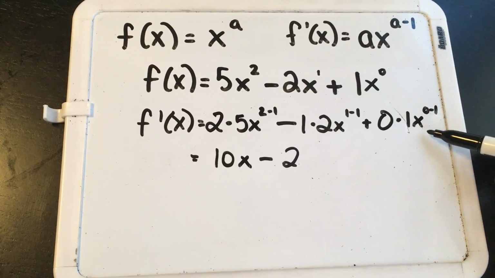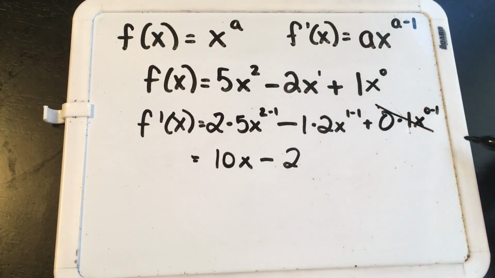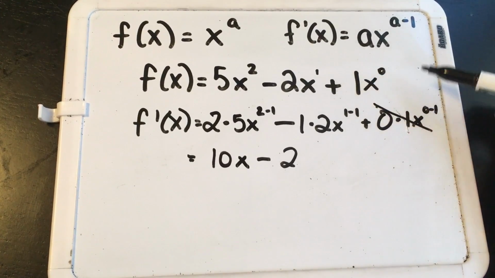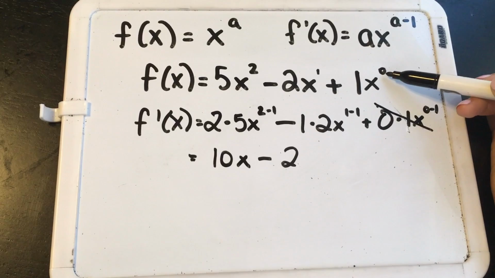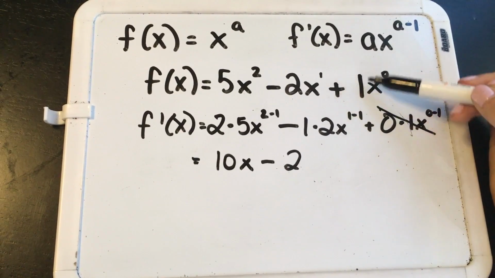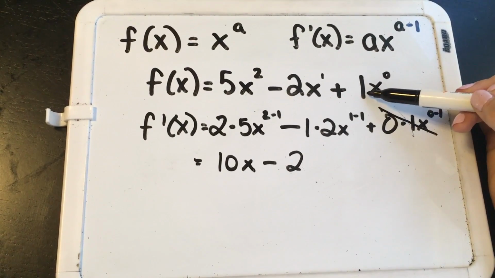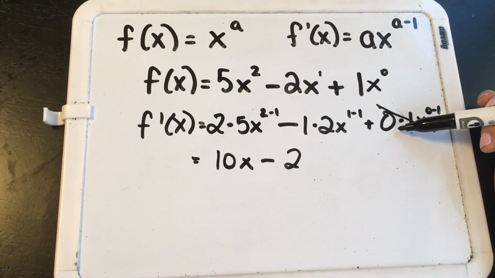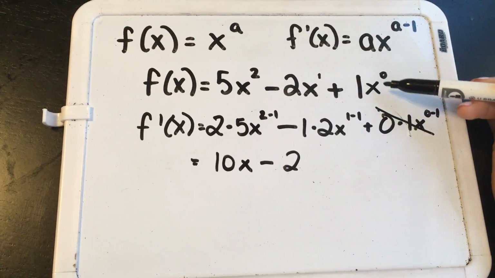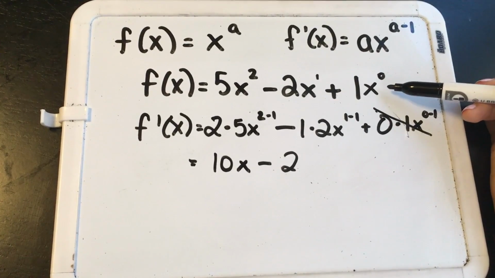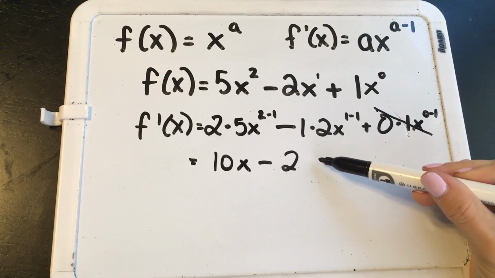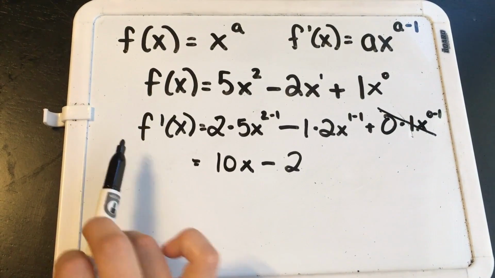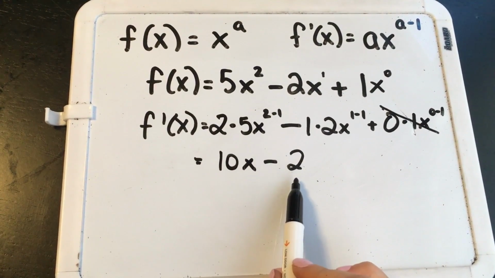It's just 0, so this term completely cancels. Notice that if you have just a constant number right here, remember we put this x to the 0 in there as a placeholder, but we started with just a constant 1. If you're taking the derivative of a constant, the derivative of that is just 0. So we went from a quadratic equation to a linear equation. The derivative of a quadratic will give you a linear equation, 10x minus 2.